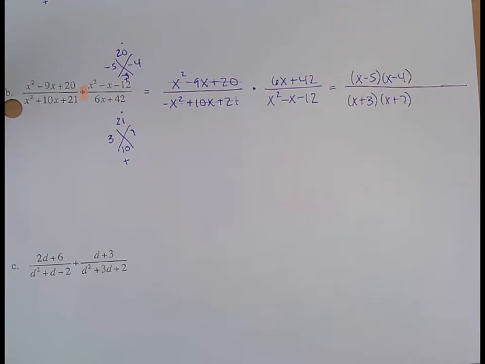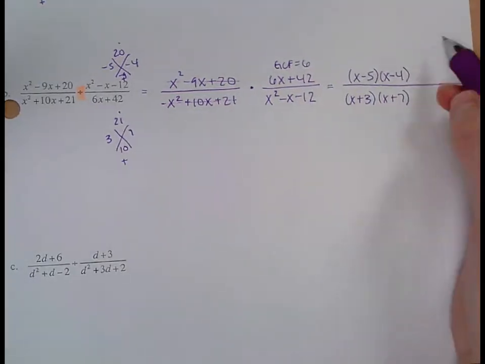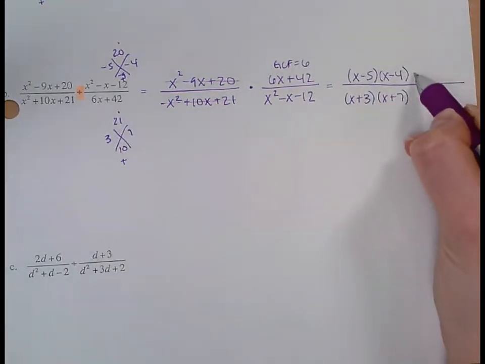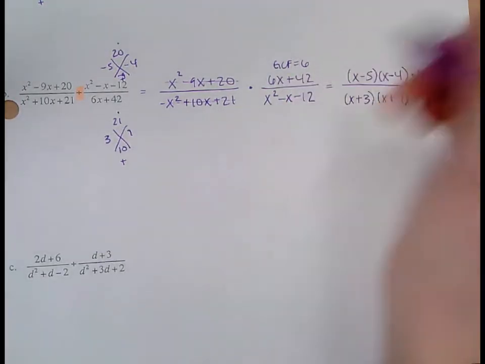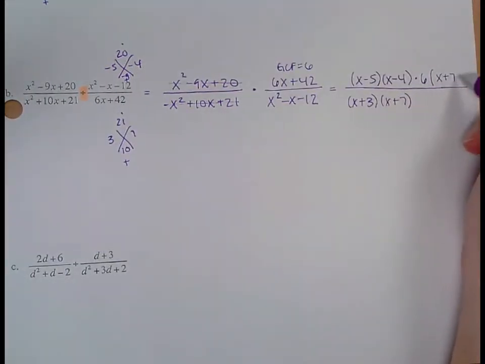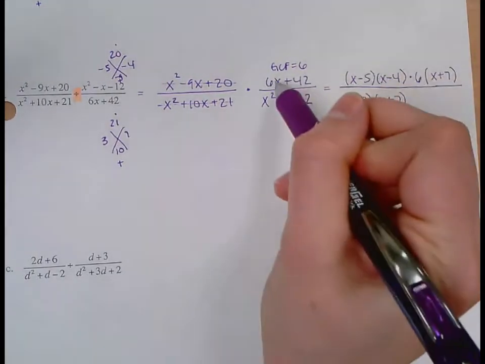What should we always check for? GCF. GCF of 6. So I'm still going to write it over here. It is being multiplied. I would have 6 times the quantity, if I divide both by 6, then I'd have x plus 7. And then, so I factored that one.